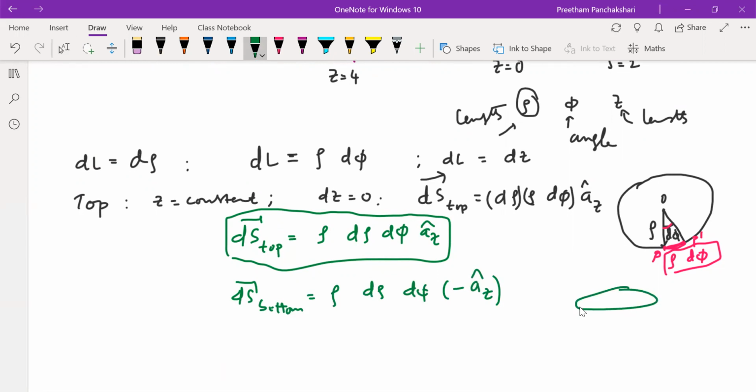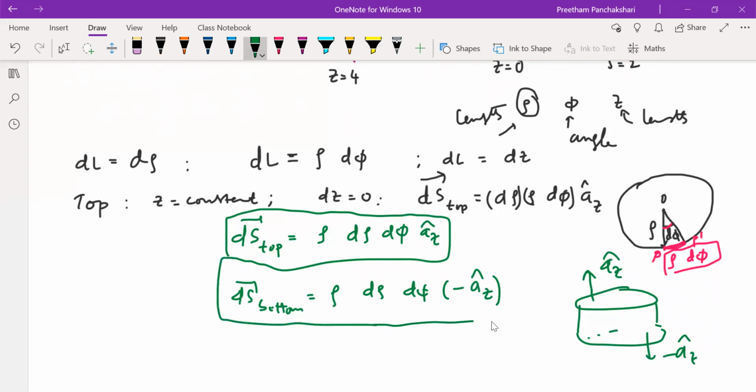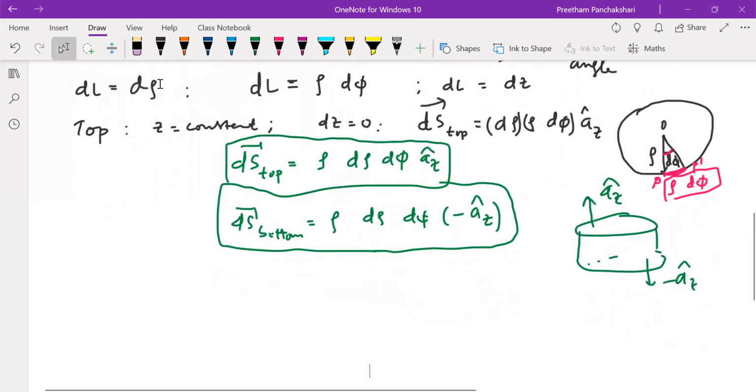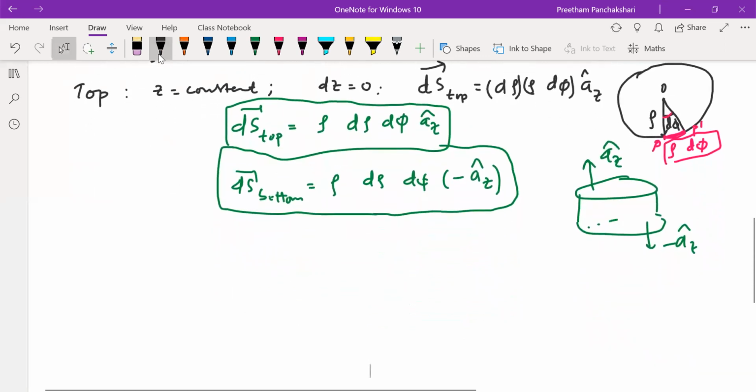So the top surface direction is upward, the bottom surface direction is minus a cap z, downward. This way we can easily write differential surface elements.